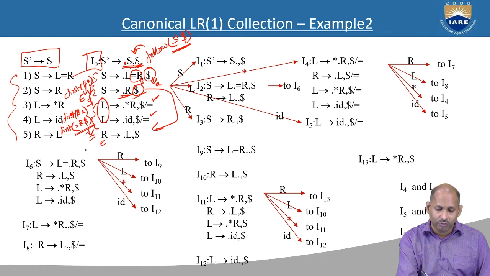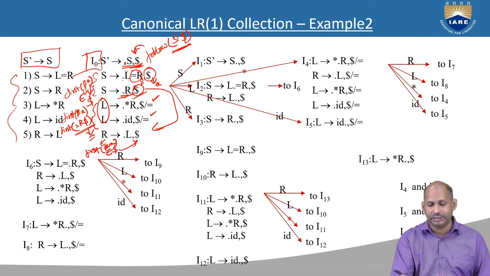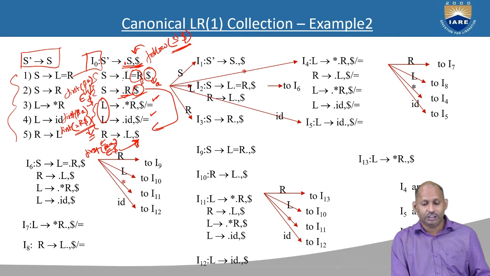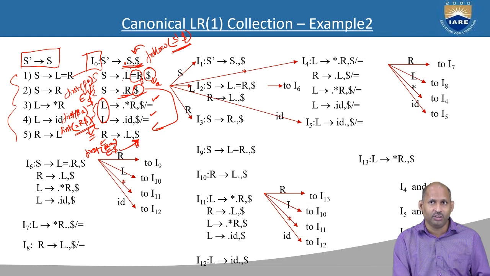For this one, what is the first of beta A? Epsilon and dollar sign, so simply the dollar sign. Now that is over.